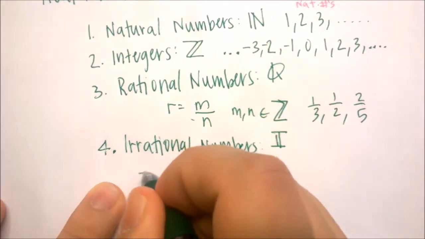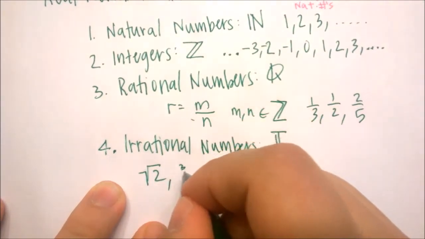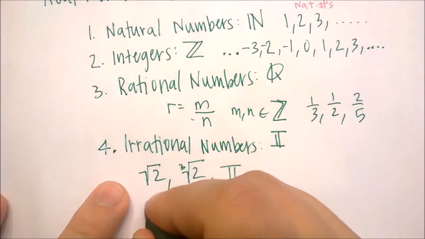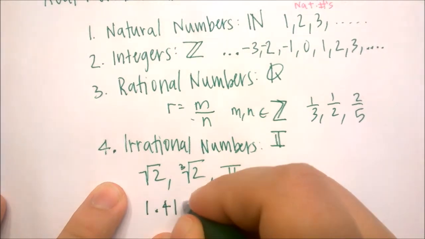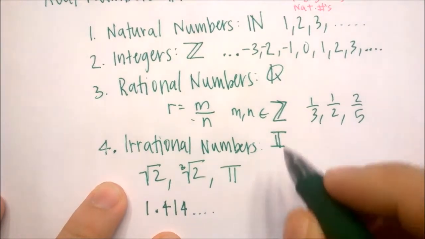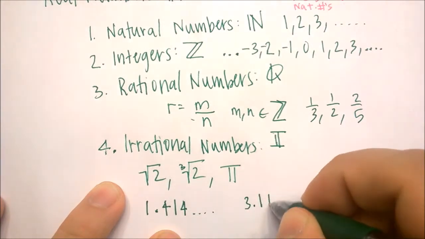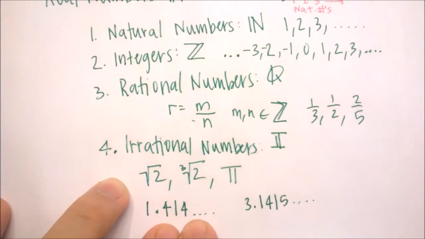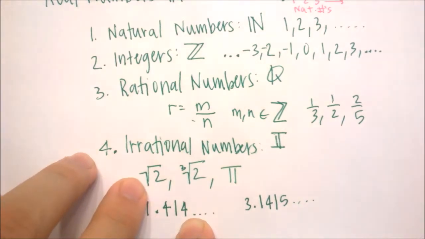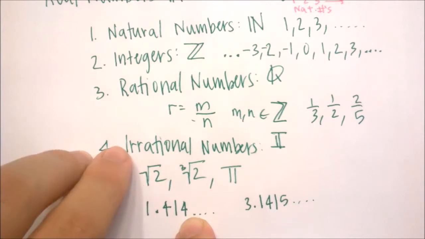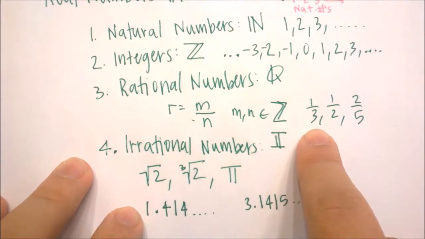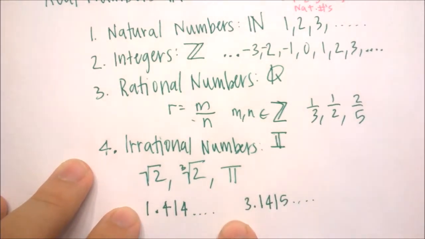So we're looking at square root of 2, cube root of 2, pi. Square root of 2 is 1.414 and goes on. Pi is 3.1415 and goes on. Writing square root of 2 is the simplest form we can write it in. This is an exact number, and it's irrational because it cannot be simplified into a ratio of integers. It's a continued decimal.